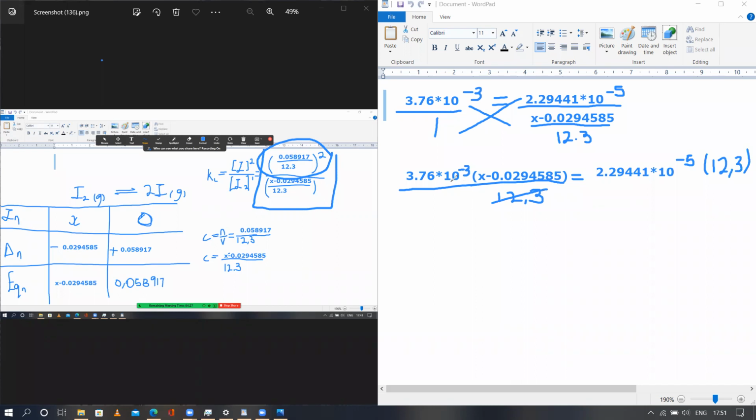And after that, to eliminate your 3.76 times 10 to the exponent -3, you're going to divide both sides by 3.76 times 10 to the exponent of -3.